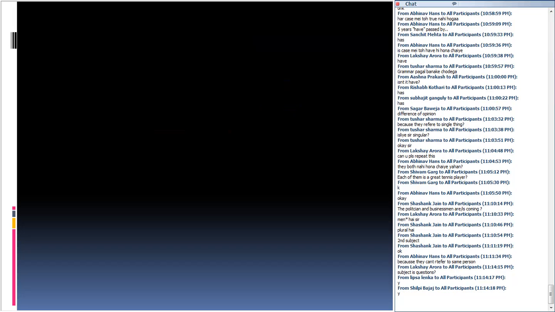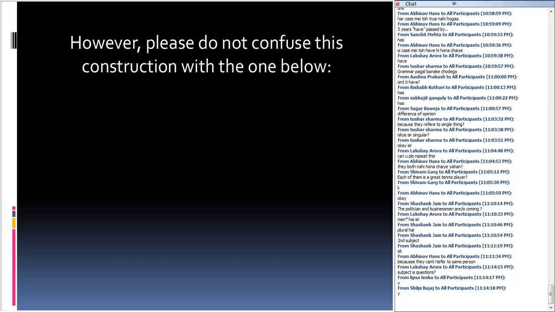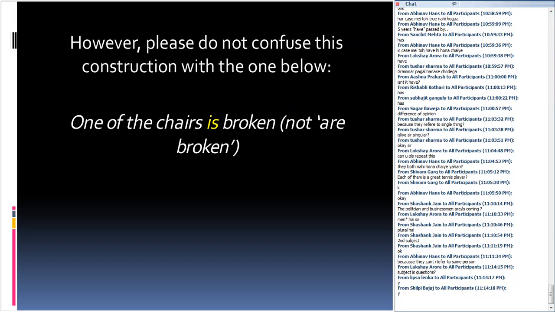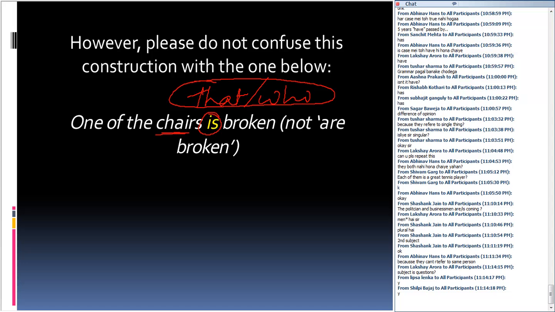Now, however, please do not confuse this construction with the one that I'm going to show you. अभी मैंने जिसके बारे में बात किया and the one that I'm going to show you, इन दोनों में थोड़ा difference है. अगर कोई ऐसा है, one of the chairs, और फिर इसके बाद that या who word नहीं है, अगर ये दोनों में से कोई एक नहीं है, in that case the verb has to be singular.